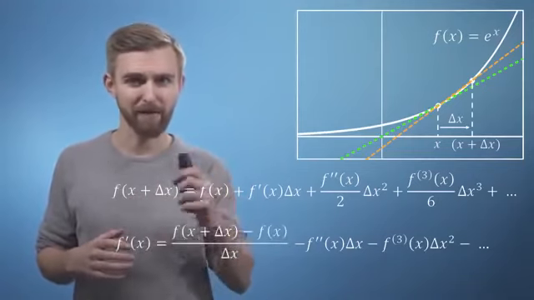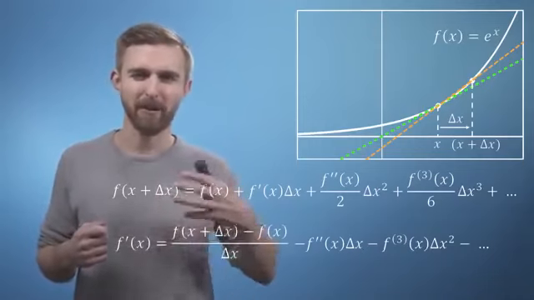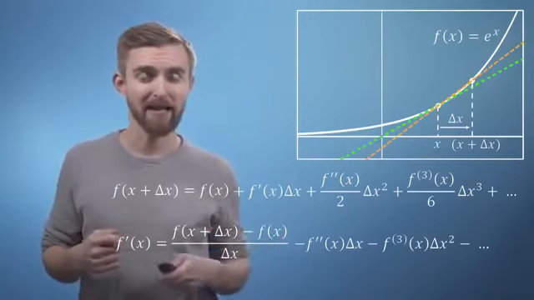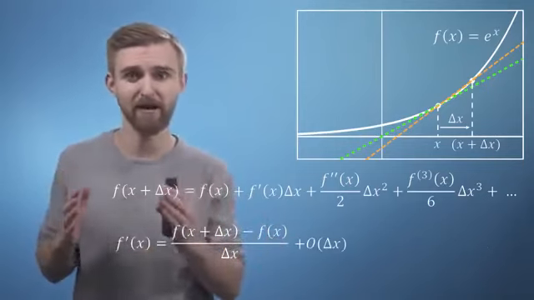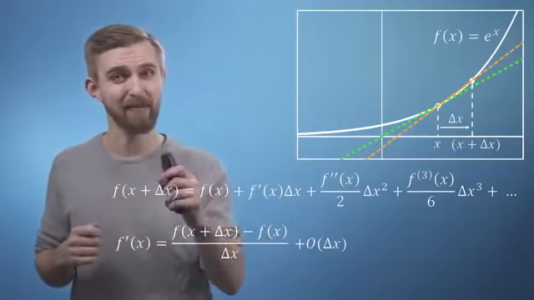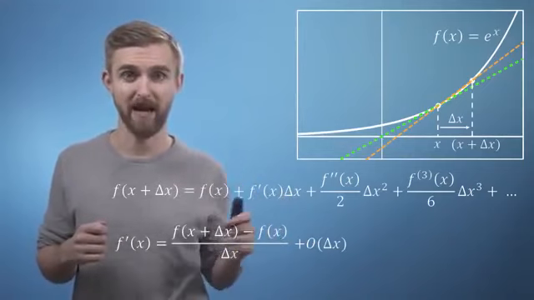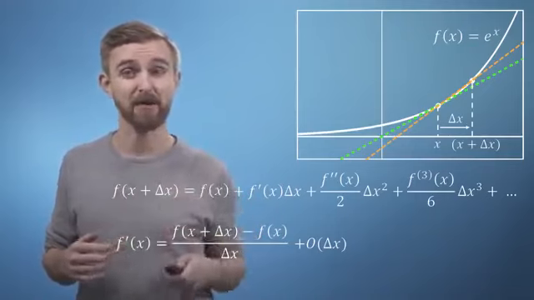If we notice that the first of the higher order terms has a delta x in it, we know that we can now lump them all together and say that using the rise over run method between 2 points with a finite separation will give us an approximation to the gradient that contains an error proportional to delta x. Or, more simply put, the forward difference method is first order accurate.